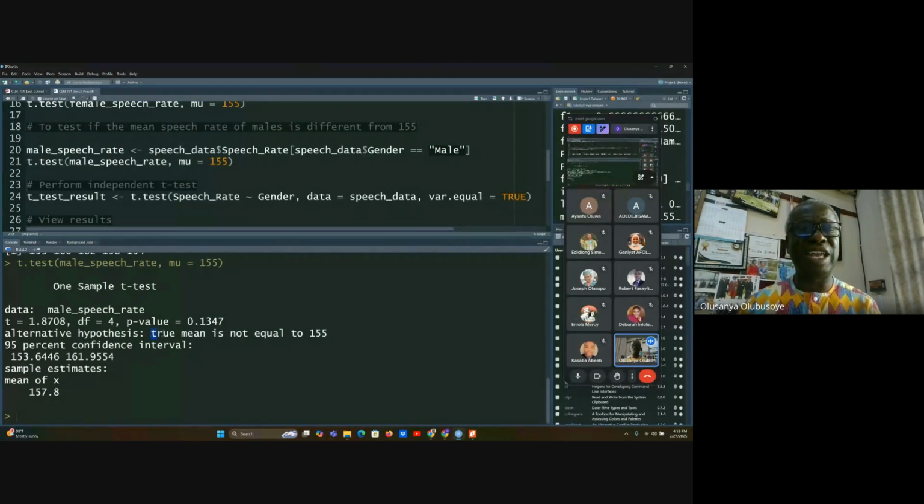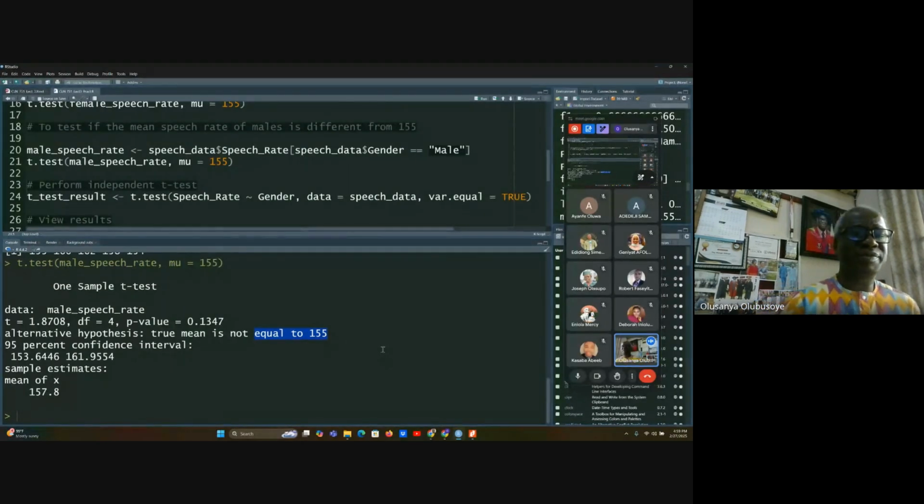And what is the null hypothesis? The true mean is equal to 155. The alternative is the one saying the true mean is not equal to 155. So we fail to reject the null hypothesis.